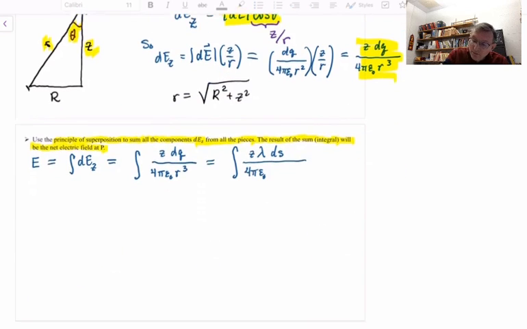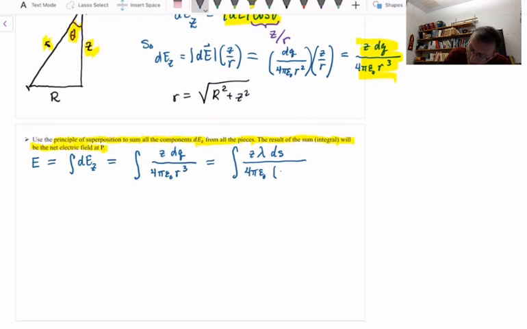Now it's little r cubed downstairs, isn't it? Be careful. So that means this is big R squared plus Z squared, note, to the 3 halves power, because the little r expression that I have right up here is big R squared plus Z squared all to the 1/2, and it's little r cubed there.